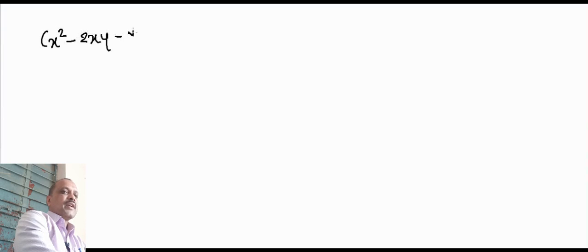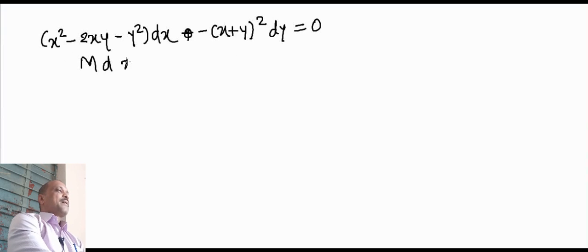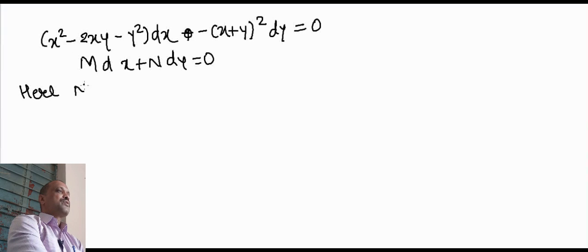x square minus 2xy minus y square into dx plus minus (x plus y) whole square into dy equals 0. Now, compare this equation with M dx plus N dy equals 0.